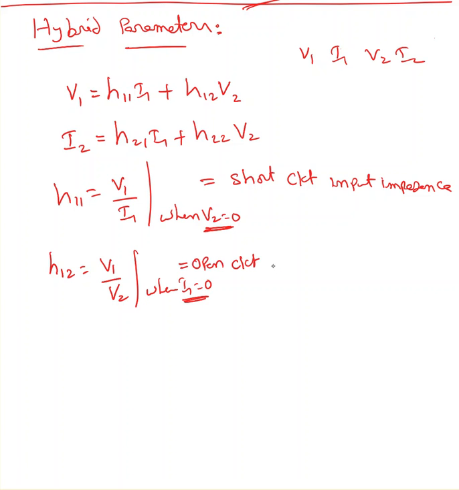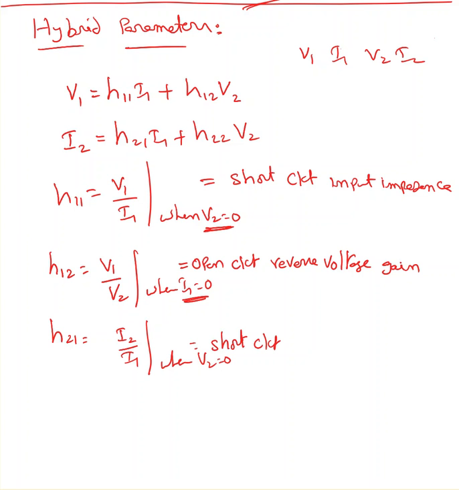So h12 is the open circuit reverse voltage gain, and h21 is i2 over i1 when v2 equals 0. This is called short circuit forward current gain.